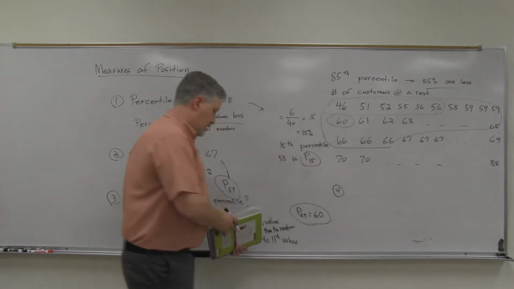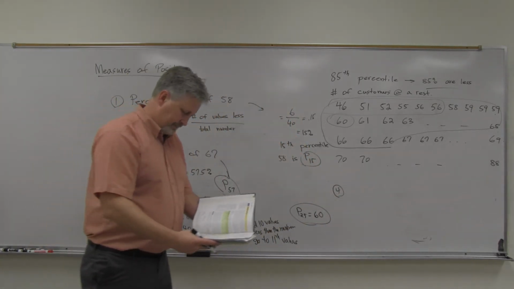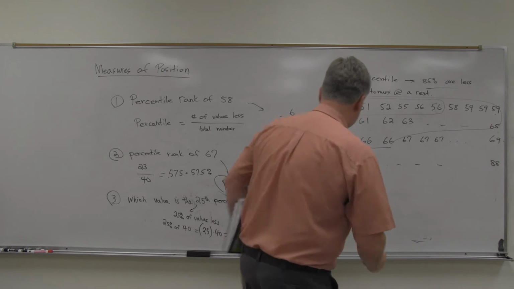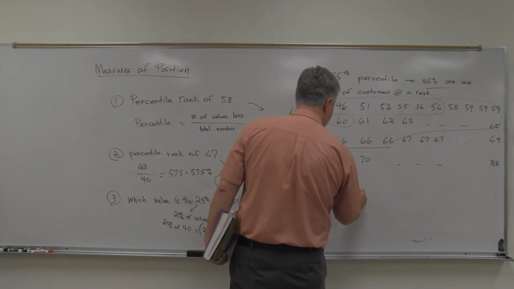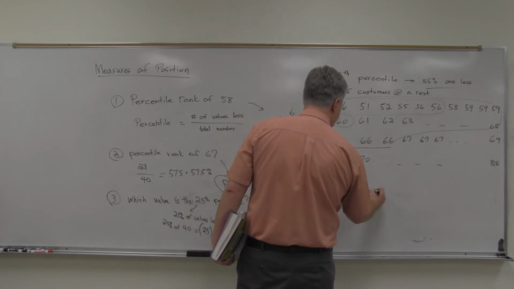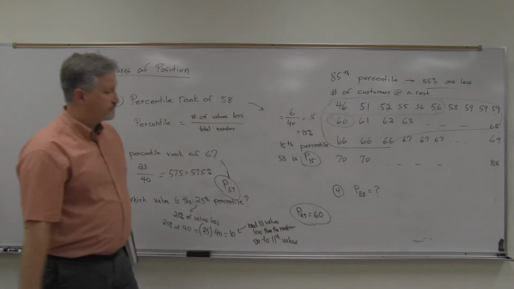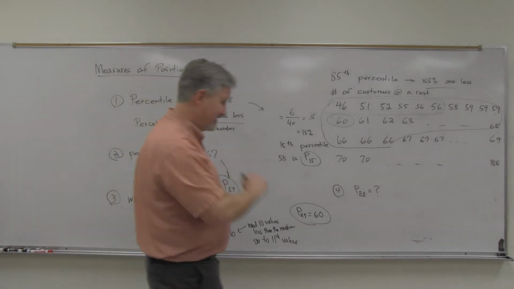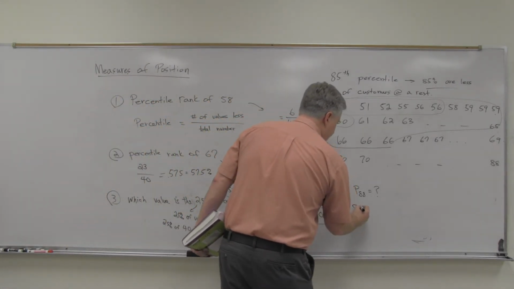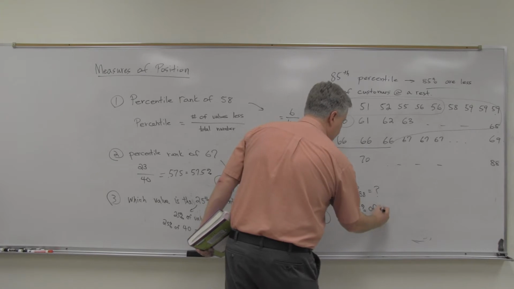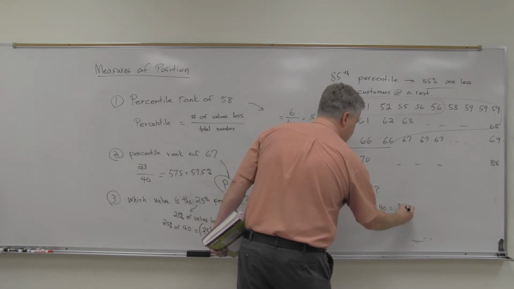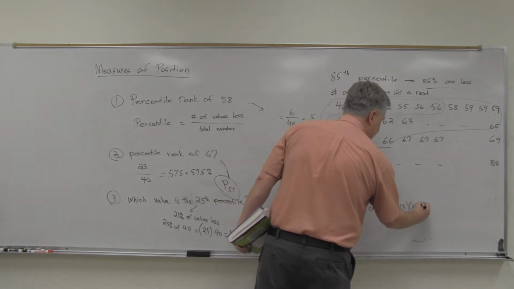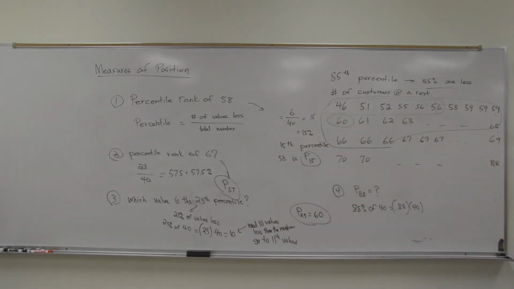Now, what about this one? The 88th percentile. Well, again, that means I want 88%, as near as I can get it anyway. So I need to do 88% of 40. So 0.88 times 40, which gives 35.2.